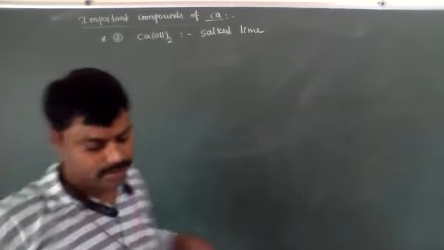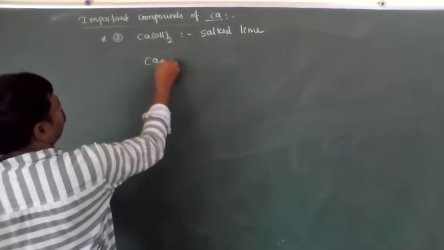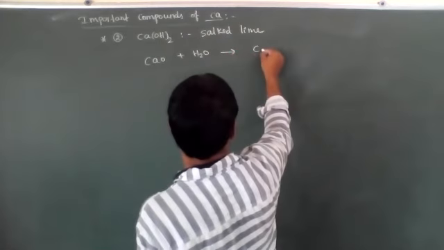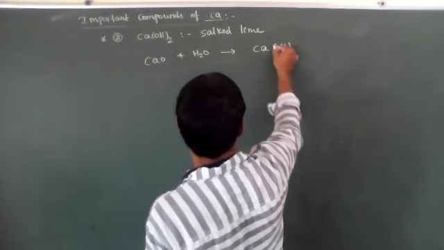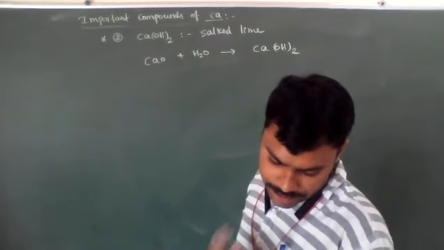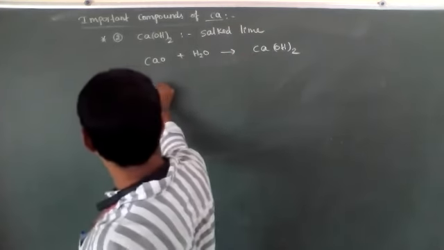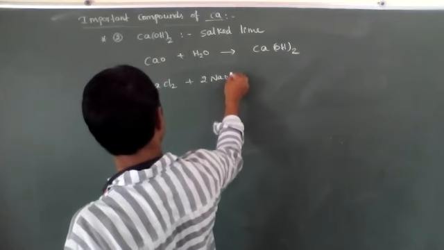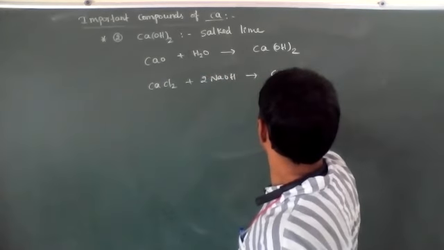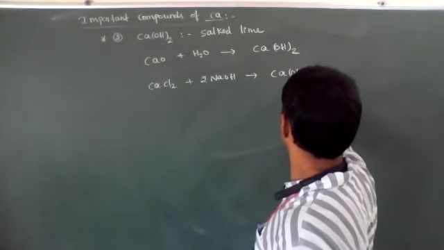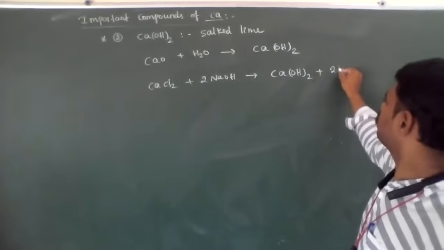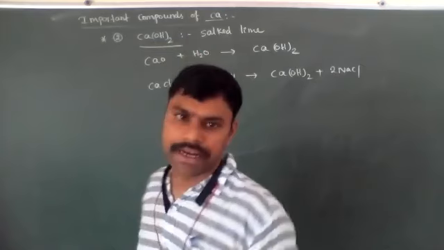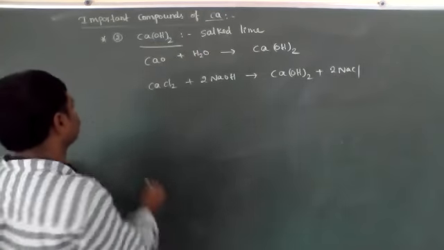It can be prepared when calcium oxide is treated with water, forming Ca(OH)2. Another important method is calcium chloride reacting with a base like sodium hydroxide to form calcium hydroxide. These are the important preparation methods of calcium hydroxide, also known as slaked lime.